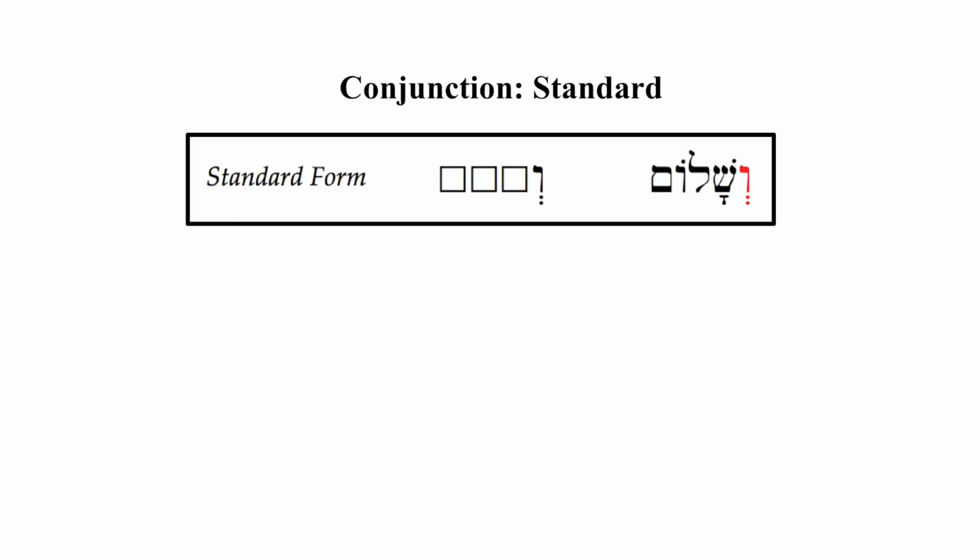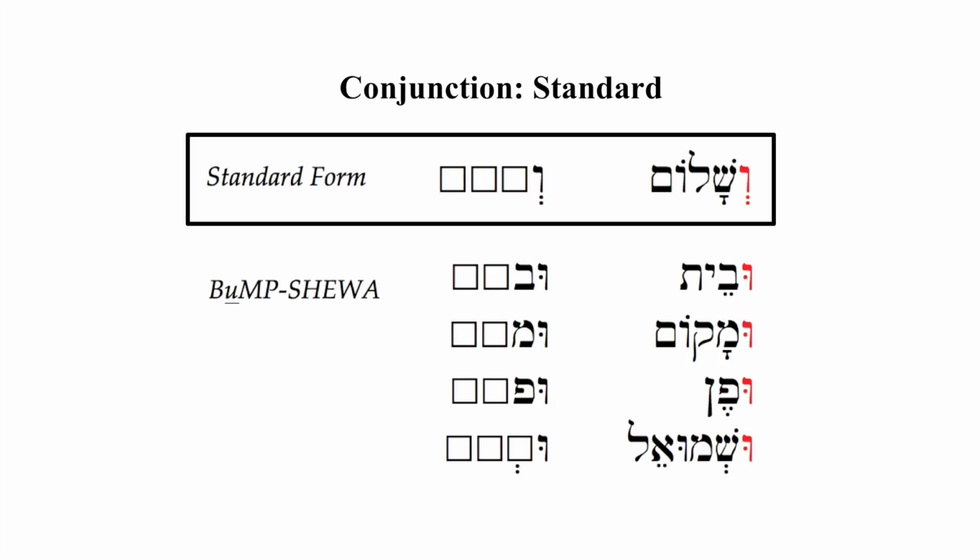Now, for pronunciation's sake, there are difficulties that arise when you're trying to move sounds around in your mouth. And the most common principle that you'll need to remember with the conjunction is what we call the bump schwa rule. By bump schwa, what we mean is bump, B-U-M-P. The consonants are B-M-P, bait, mem, and pay, bump.